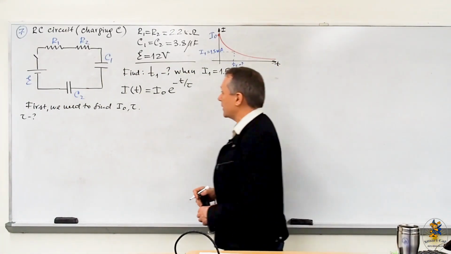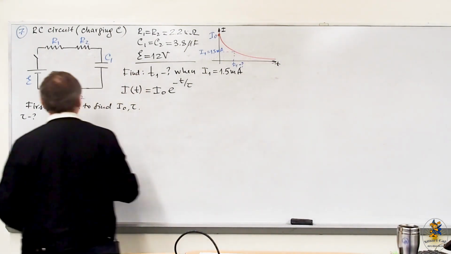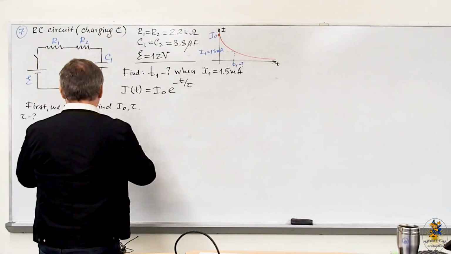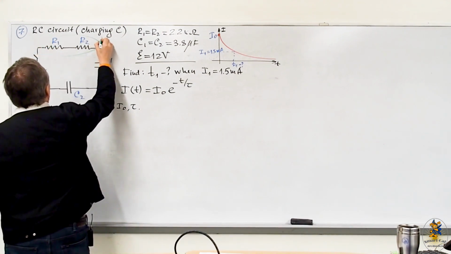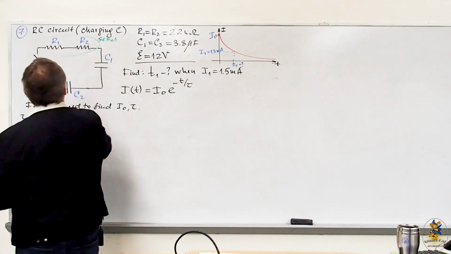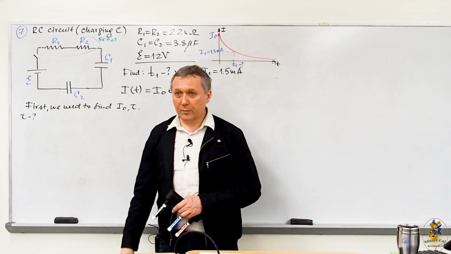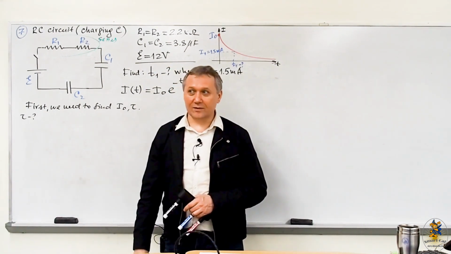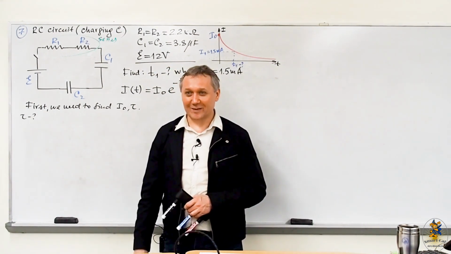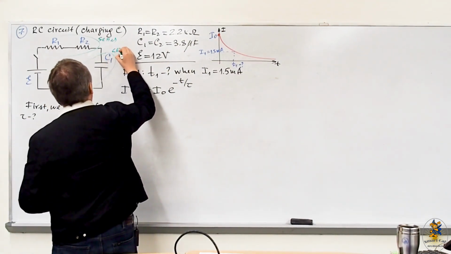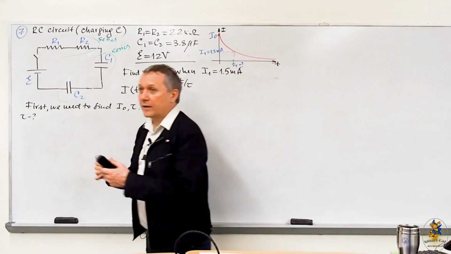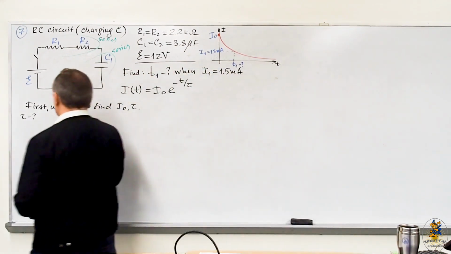So we can apply that. These two resistors are obviously connected in series, and the two capacitors are also connected in series. All of them are connected in series, so we can find C equivalent and R equivalent.